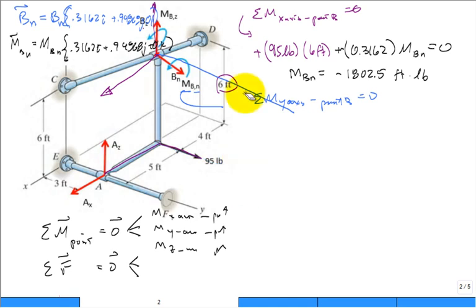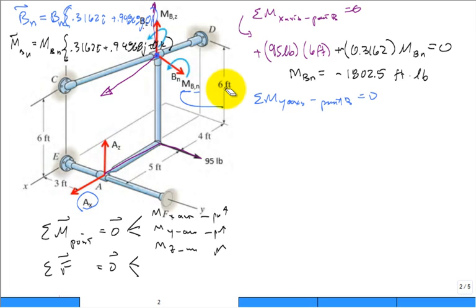So we go, does AX induce a moment about the y-axis that goes through the point B? Remember, it's going through the point B. It does, doesn't it? Doesn't AX induce a moment about the y-axis going through point B? And isn't its moment arm distance 6 foot? It's 6 foot below it.